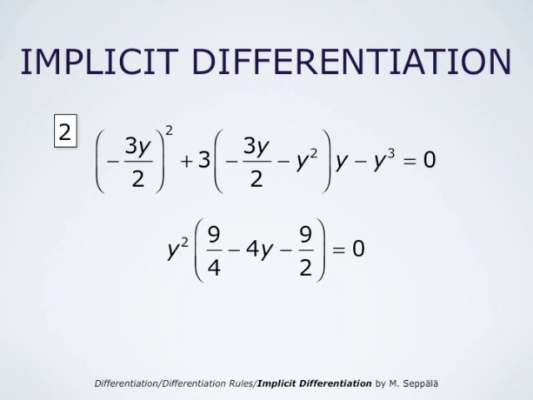And from the other terms, we get, after some combination, minus 4y minus 9 divided by 2. And this product must be 0. So now we have two choices. Either y is 0, or 9 divided by 4 minus 4y minus 9 divided by 2 is 0, and this means y equals negative 9 divided by 16. So again, here we have two choices, y equals 0 or y equals negative 9 over 16.